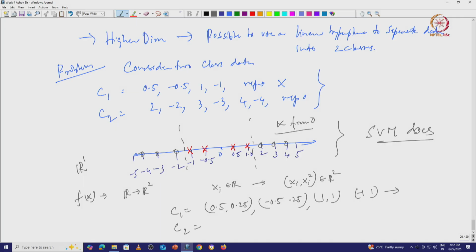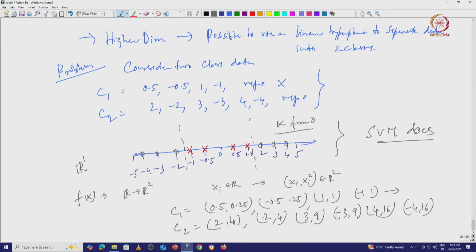Similarly, what about class 2 now? 2, 4, comma, minus 2, 4 again, 3, 9, minus 3, 9, 4, 16, minus 4, 16. These are the data sets.